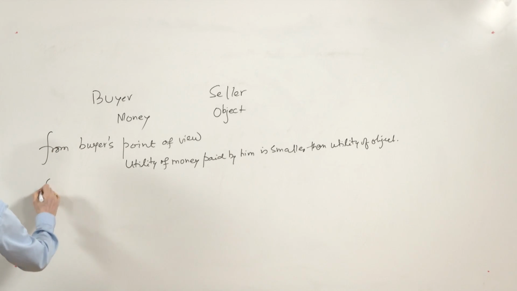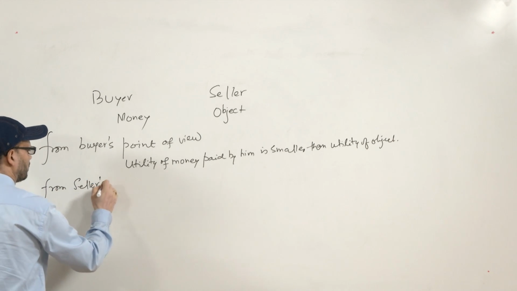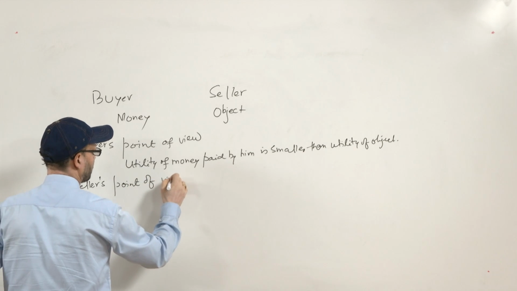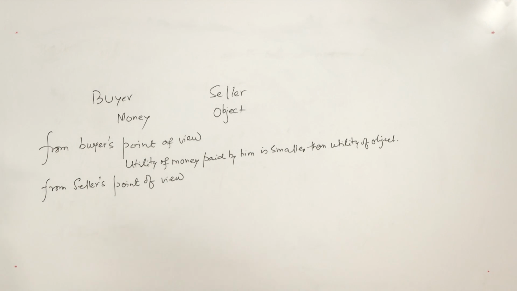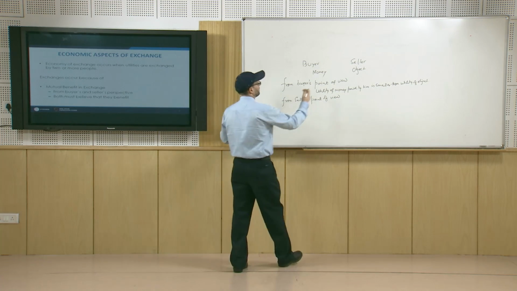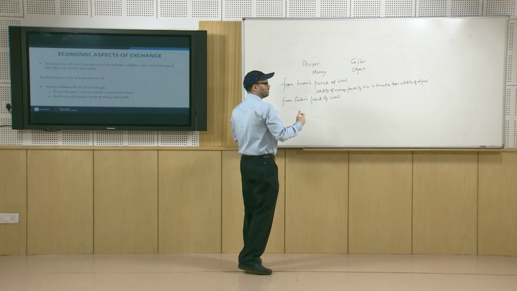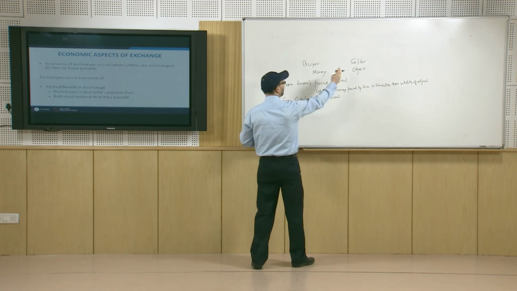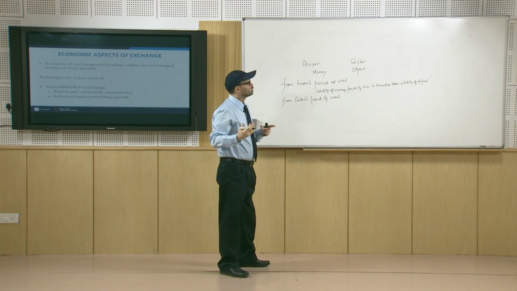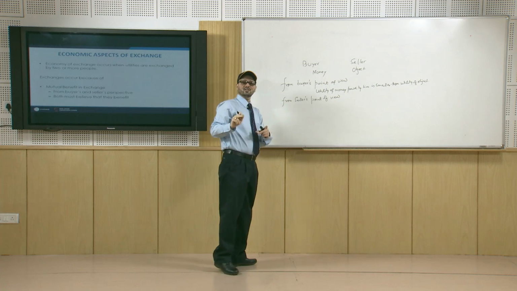Similarly, from the seller's point of view, the seller will think in his own way. He will see what he is getting by selling his object. He must feel that the utility of the money he is getting is more than the utility of the object he currently possesses.